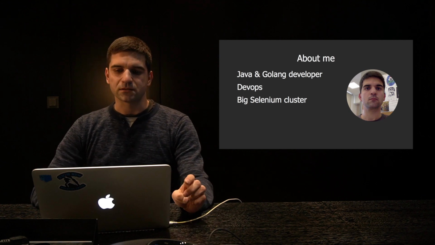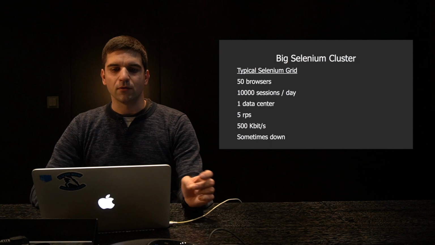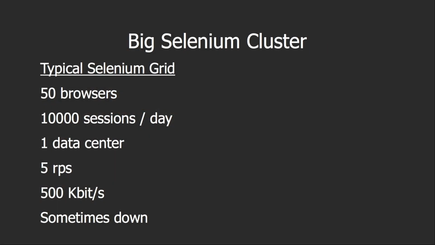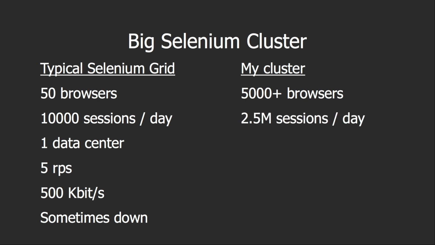So how big is this cluster? Compared to a typical Selenium grid with 50 browsers and executing 10,000 browser sessions per day, this cluster has more than 5,000 browsers running in parallel and executing more than 2.5 million browser sessions per day. These browsers are distributed across 5 data centers.